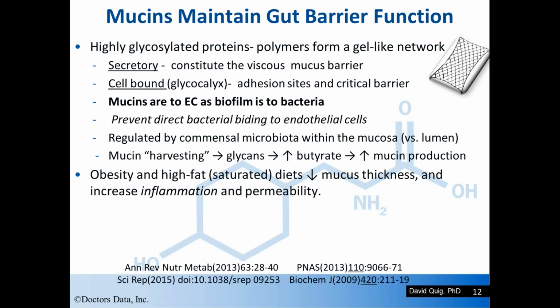So mucins are to endothelial cells as biofilm is to bacteria and yeast. Mucins prevent direct bacterial binding to endothelial cells. Any kind of bacteria binding directly to endothelial cells really ticks them off and instigates a cascade of pro-inflammatory response. Now, the mucins are regulated by the commensal bacteria within the mucosa versus the lumen.